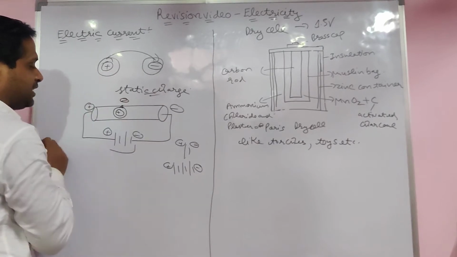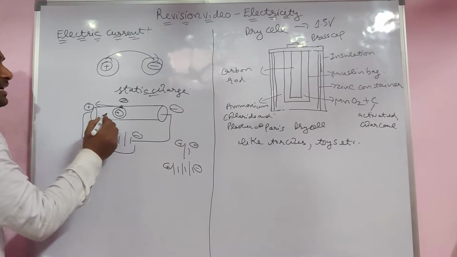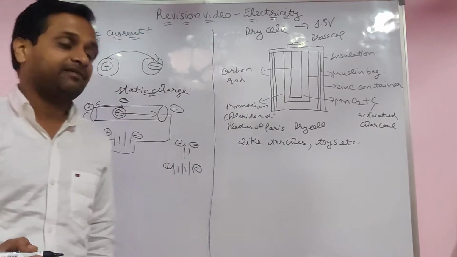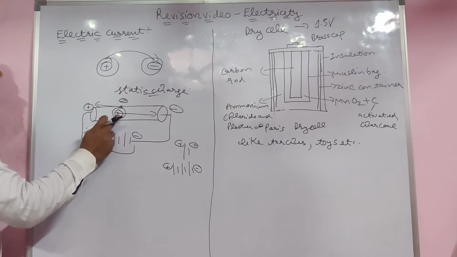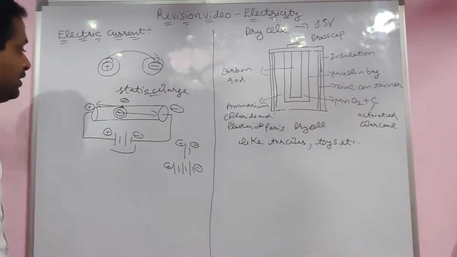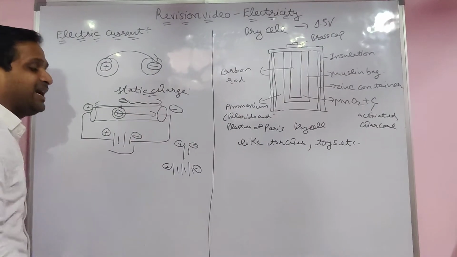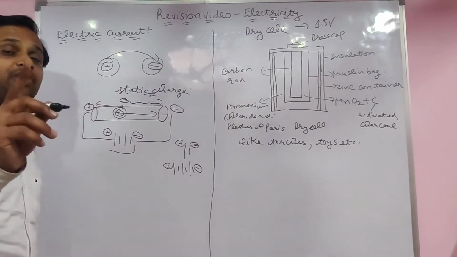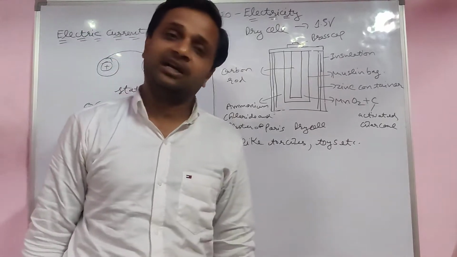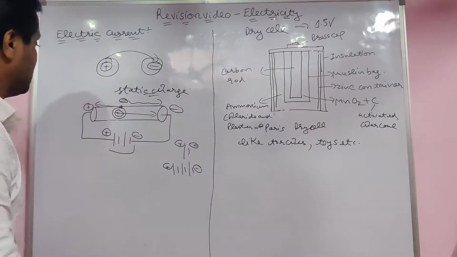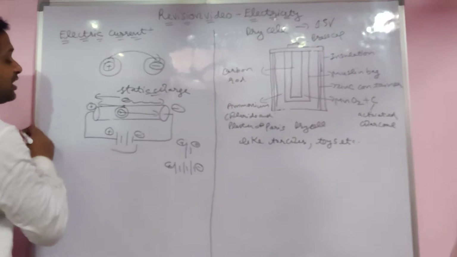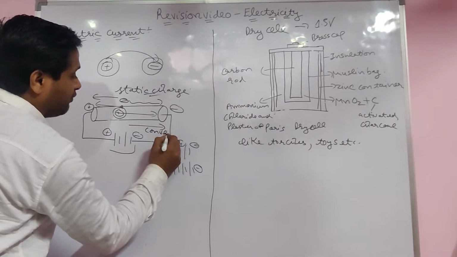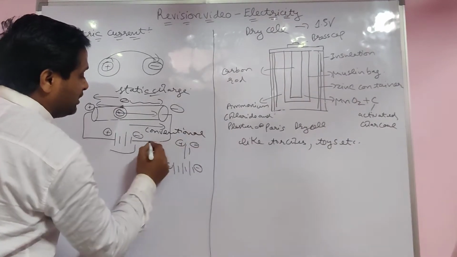Electrons move toward positive and positive charge toward negative. When charge flows in one direction per unit time, that is called current.